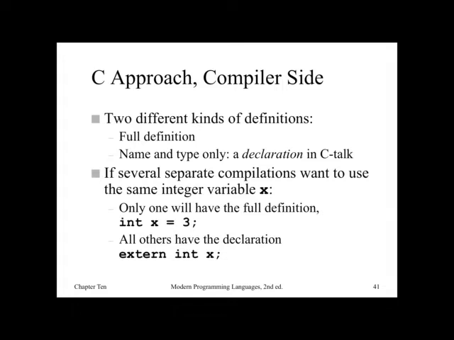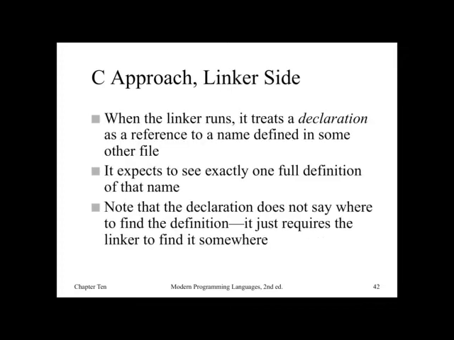So I think you get the idea. The last important point is that the declaration doesn't say where to find it. It just says you've got to find it somewhere. It does exist, and by the time you're done linking, you need to resolve it.